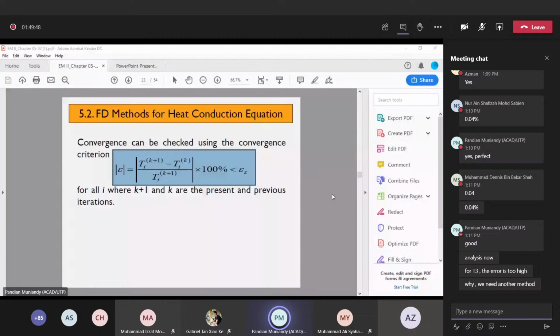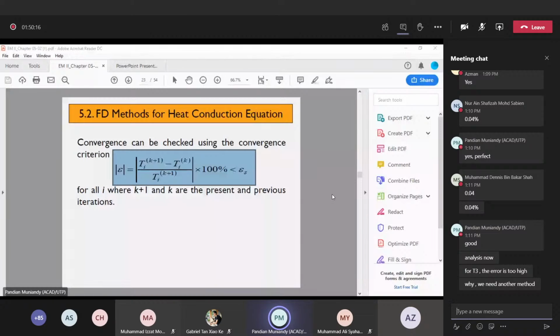So it's very hard to pinpoint the factors that contribute to this error, which is too high. But from the output, we can say the simple implicit method is just an average method.